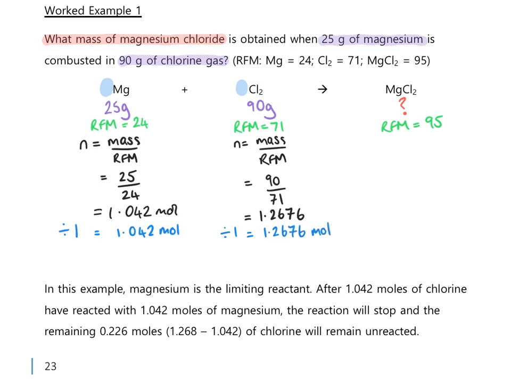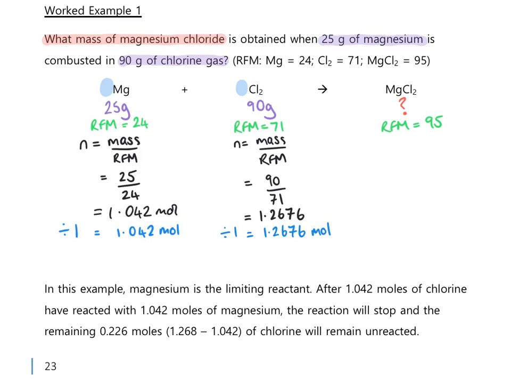What I need to do now is step number 4, which is to determine which is the limiting reactant. The limiting reactant is the one in which I have the lowest number of moles, but this must be done after you divide through by that balancing number. Otherwise, like we saw with the packed lunch that we made up with the oranges, if you don't take into consideration the ratio of moles that you need of that reactant, then you could end up picking the wrong limiting reactant.